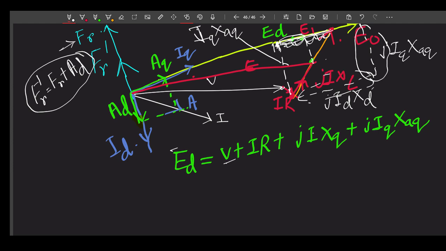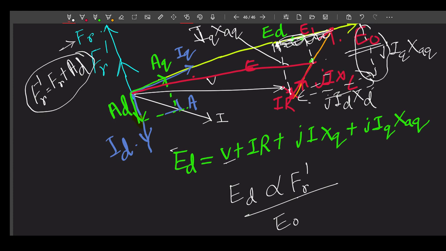So this ED is proportional to FR dash, and based on this proportional relationship on a linear scale, you can find out the original EMF E naught in open circuit condition.